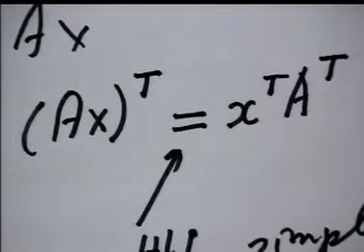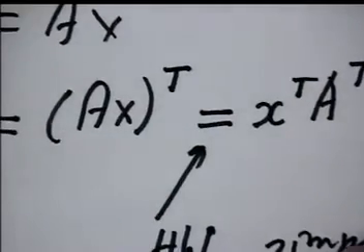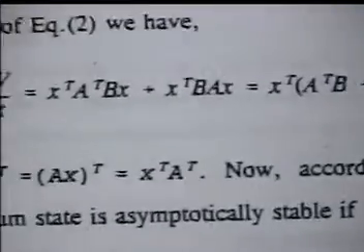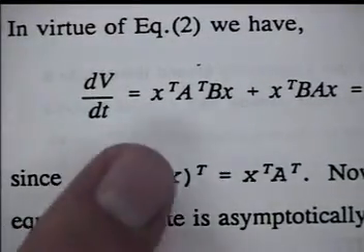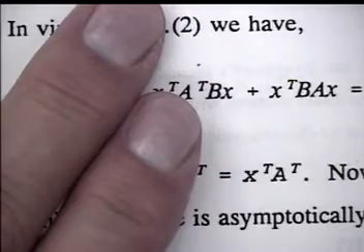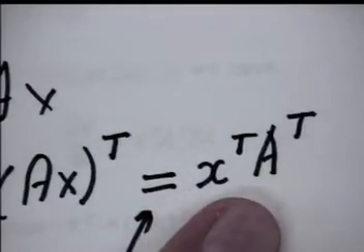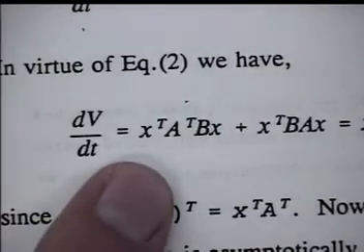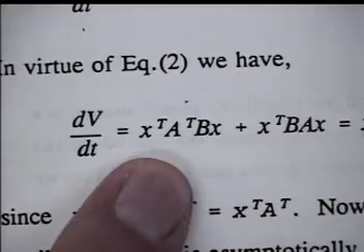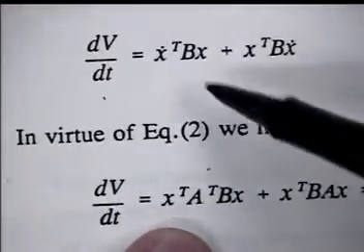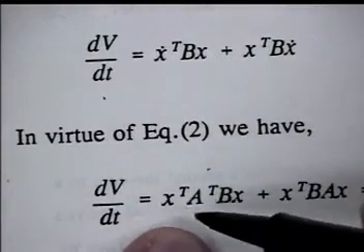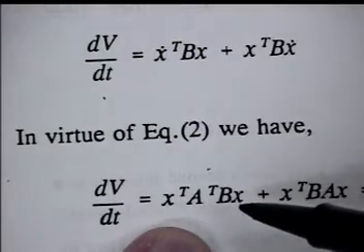So therefore, I substitute for x dot transpose: x transpose A transpose, and then I have Bx. So that will be x transpose A transpose Bx.